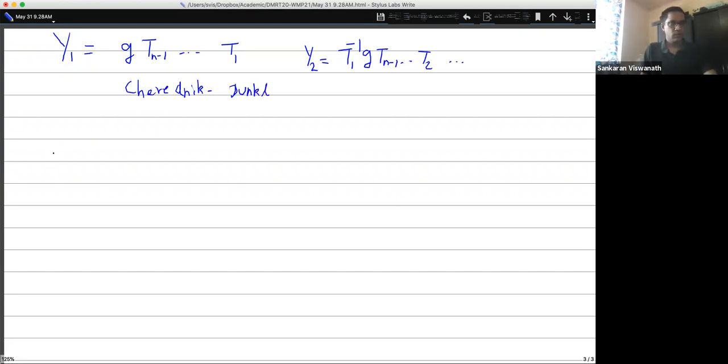Okay, so let me recall the intertwiners, which is what we use to construct the non-symmetric Macdonald polynomials. So what are these?